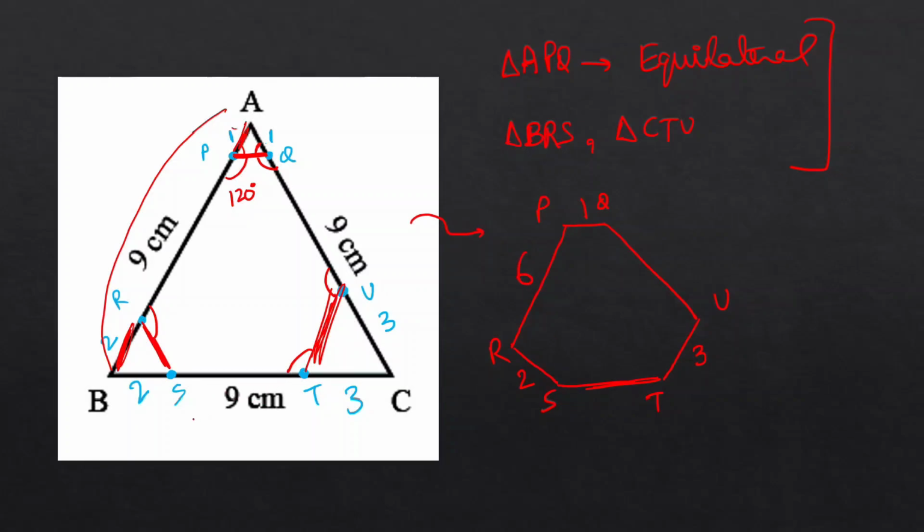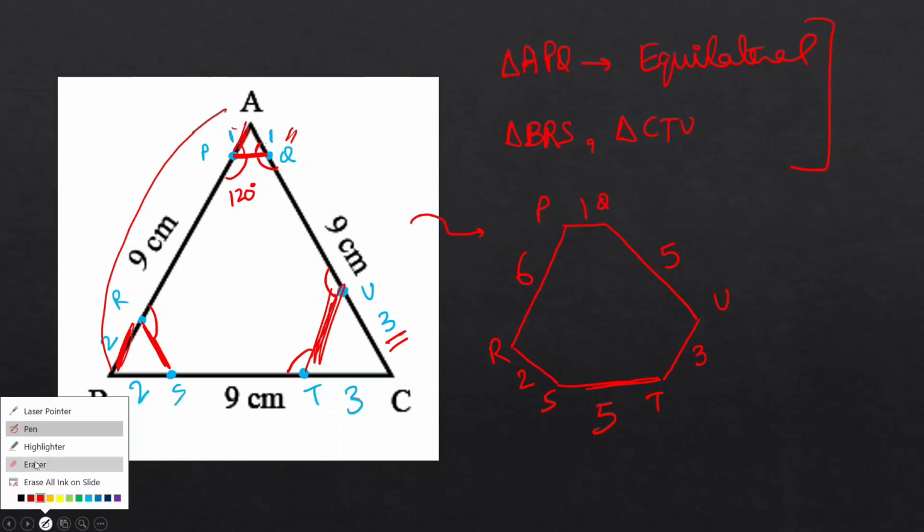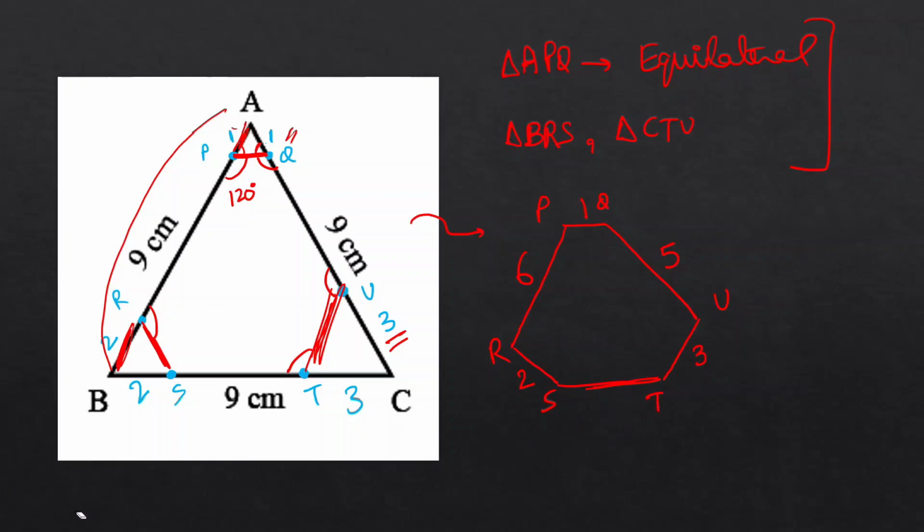Similarly, ST is going to be 9 minus 2 minus 3, that is 5, and QU is going to be 9 minus 3 minus 1, that is 5 units. I made a mistake somewhere. Yep. ST is going to be 4 units. ST is 4 units. I made a small mistake here. So this is 4 units.